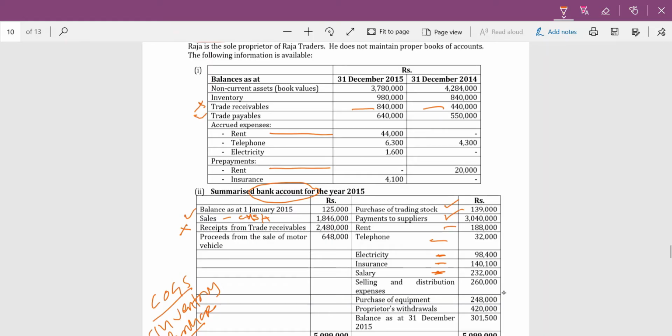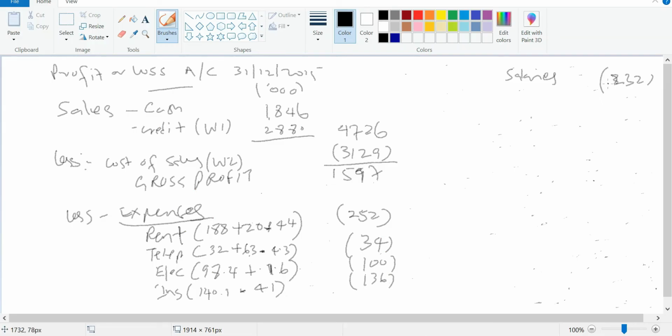Then selling and distribution expenses 260. Are there any accrued expenses or prepayments? Nothing. So 260, straight away we can take selling and distribution 260,000.